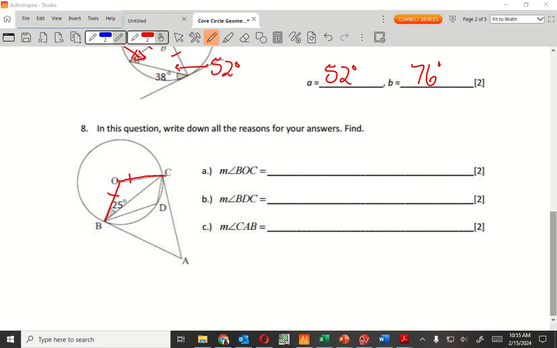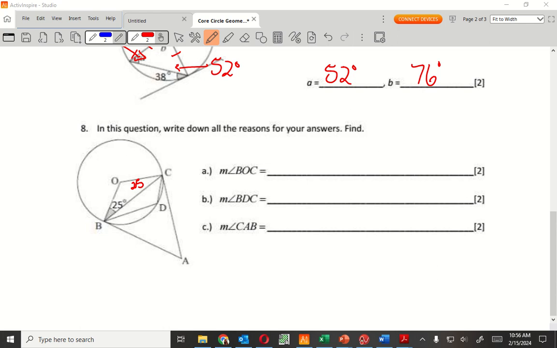So this piece right here is 25. Guess what this one over here is? 25. So if I label this correctly, it would be OCB, or if I write it the other way, BCO. That's neither one of these, but that's going to be necessary in a minute. So we have that. That is 25 also.